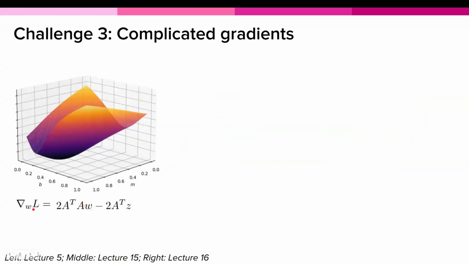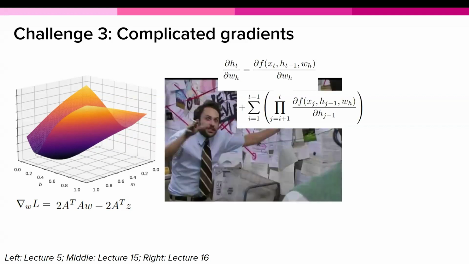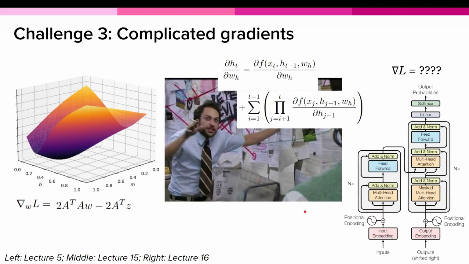Whereas in earlier parts of the course, we've been able to write very simple expressions for the gradients of the loss with respect to the parameters, as in simple linear regression or least squares regression, things got quite a bit more complicated, especially with recurrent neural networks, where we had to keep track of the indirect contribution and the direct contribution of the gradients with respect to the recurrent weights, or the weights between the hidden units, and keep track of how those weights appeared repeatedly throughout the unrolled view, essentially to do backpropagation through time.